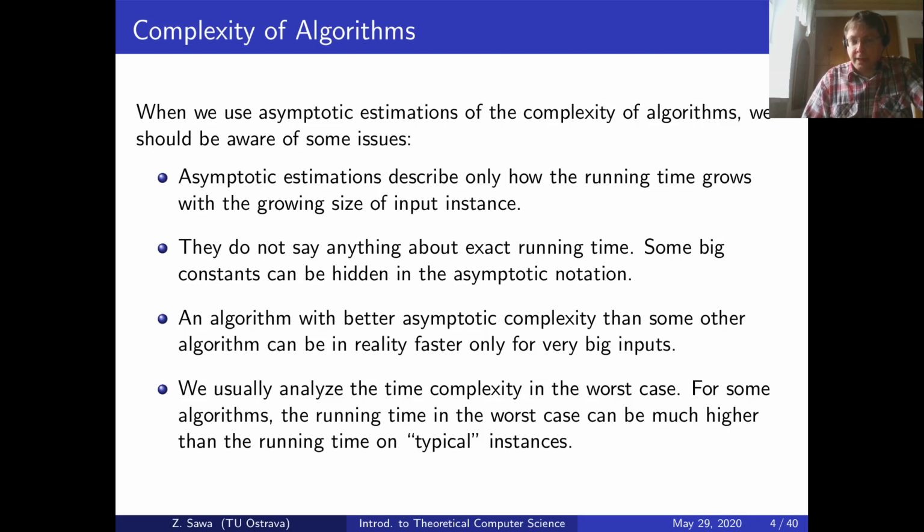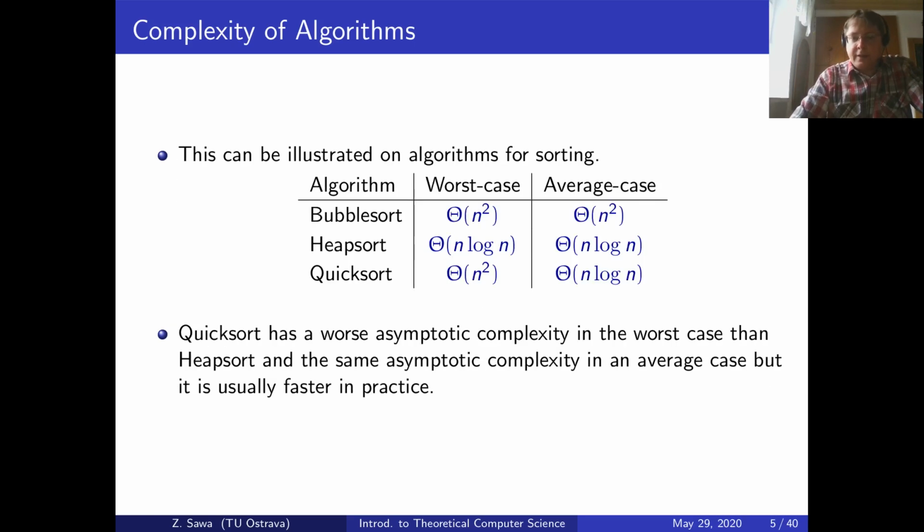Again, this is not something that could be directly derived from an asymptotic estimation of the complexity in the worst case. So in some cases this could be more complicated. The typical example of this is quicksort, where in the worst case the running time could be n square, and in the average case it's n times log n.